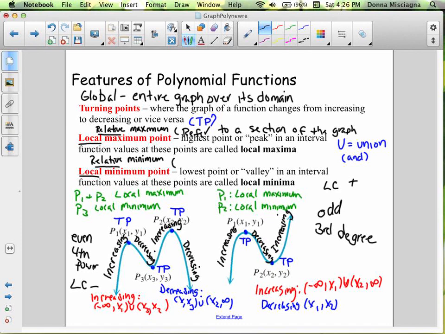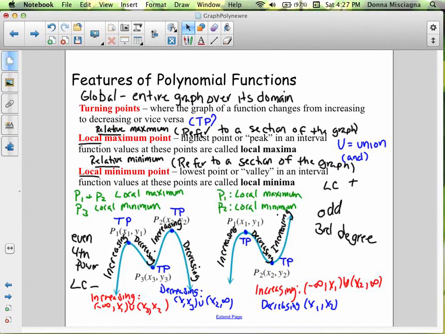So both relative and local, they mean a section of the graph, whereas global means the entire graph over its entire domain, not just what you can see. Because if we're talking polynomials, there's no way we can draw the entire graph because its domain is infinite. And so we would never be done. Right? So there's a little difference there between global and relative.